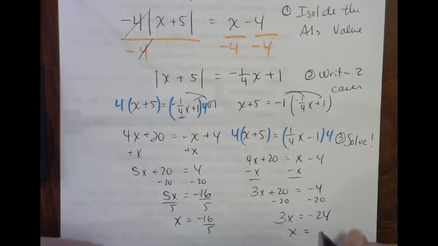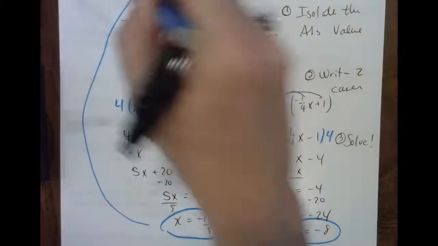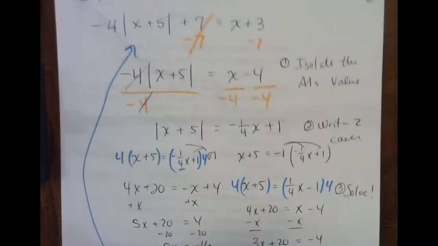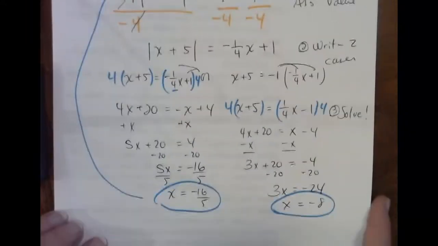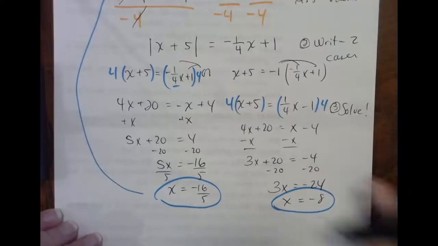No fraction on this side. X equals -8. Now, it would also be wise to take your answers and plug them back in all the way back at the beginning, because we want to check and see if we have any extraneous roots. I'll let you do that on your own to save time.